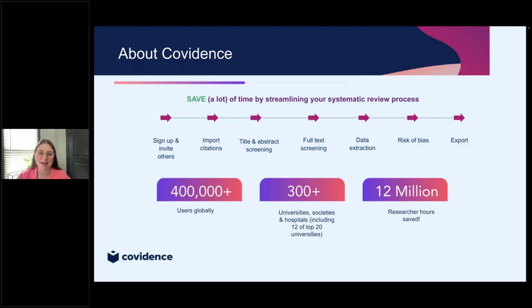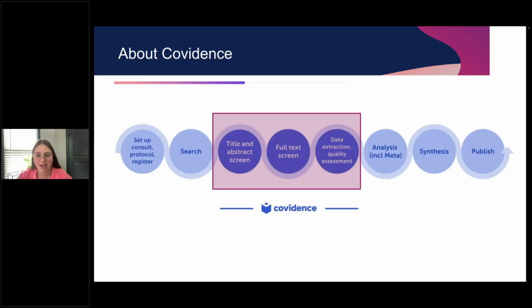And the platform is entirely cloud-based with nothing to download, and we support the world's largest review community with over 400,000 users around the globe. I do want to point out that we're not a reference manager, a database, or a search engine, and we do not perform meta-analysis.